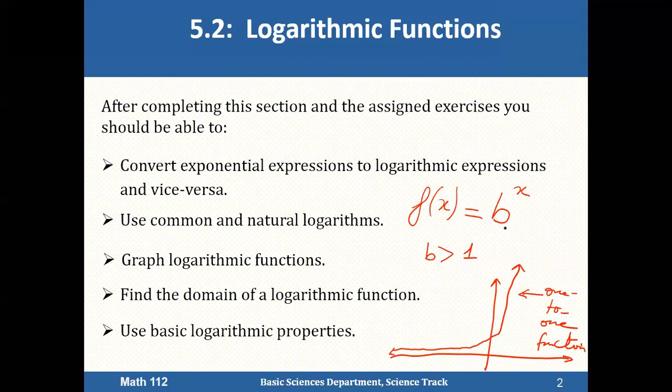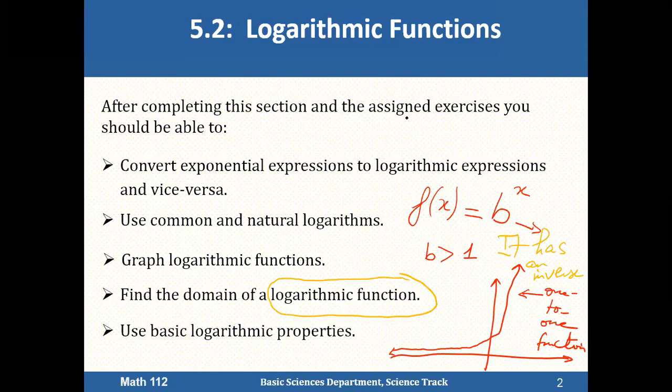So this function has an inverse. What is the inverse of the exponential function? The inverse of an exponential function is what we call a logarithmic function.